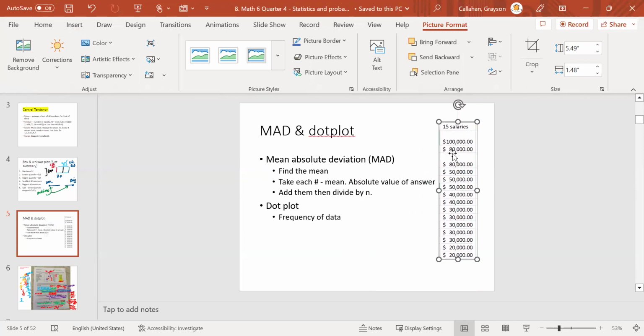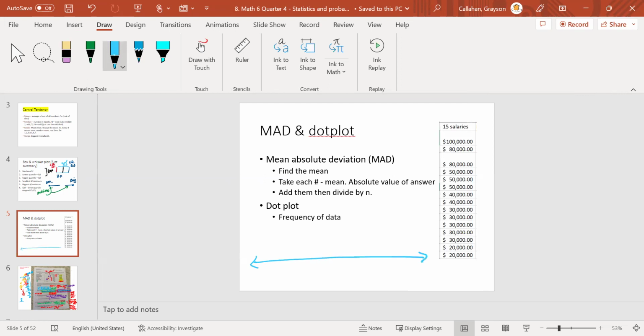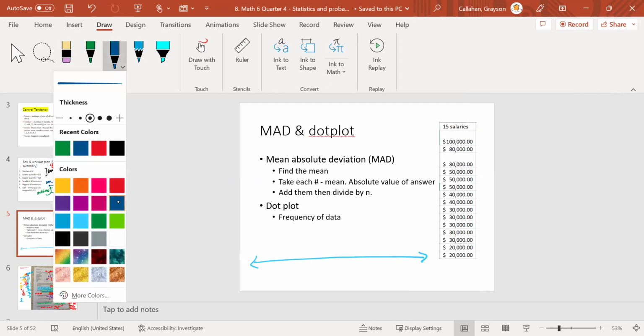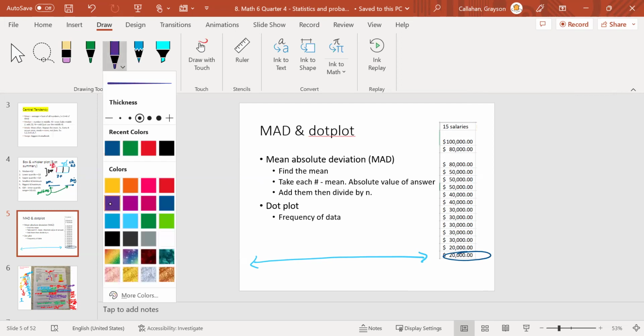If I'm doing a dot plot for this, what would I have to do? Start off with what? The number line. How do I label the number line? The lowest salary to the highest.